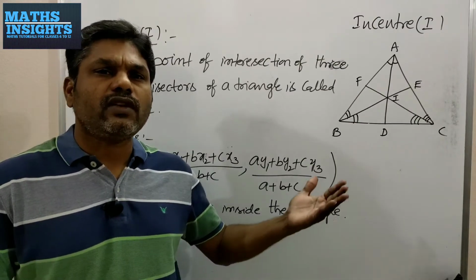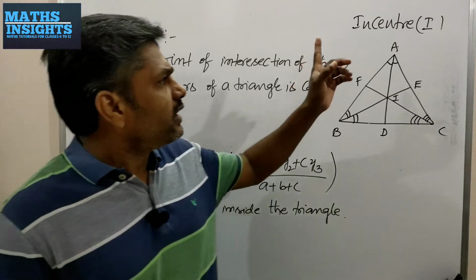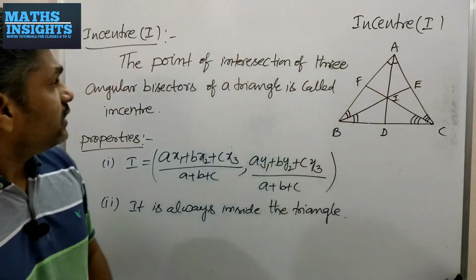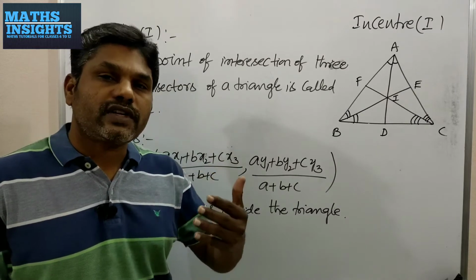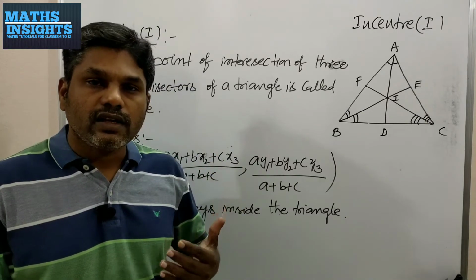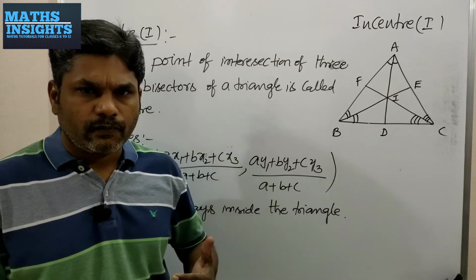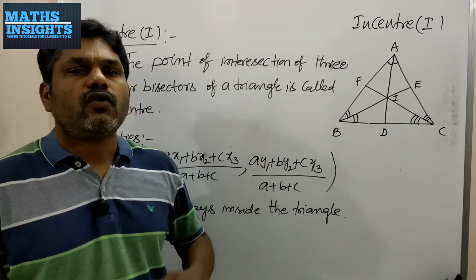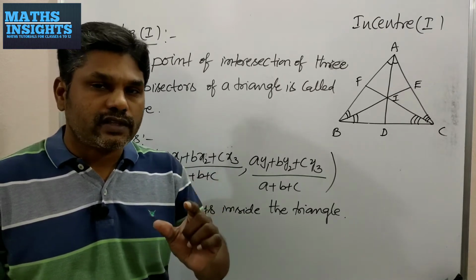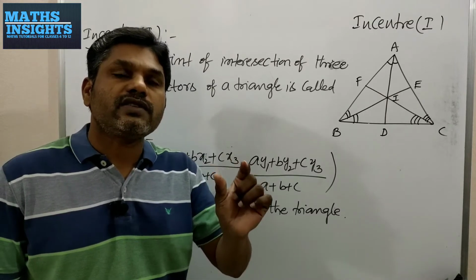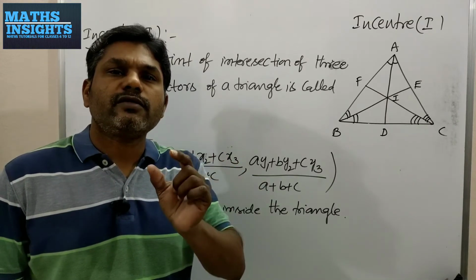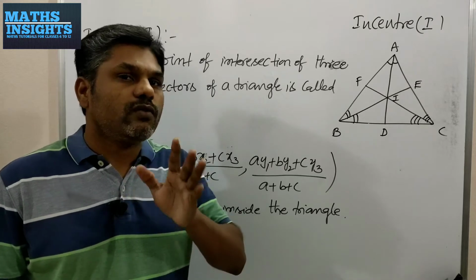Now the next center of the triangle is the incenter. The point of intersection of the angular bisectors of a triangle is called the incenter. The question arises, what is meant by angular bisector? The name itself says it: angular means angle, bisect means into two equal parts.